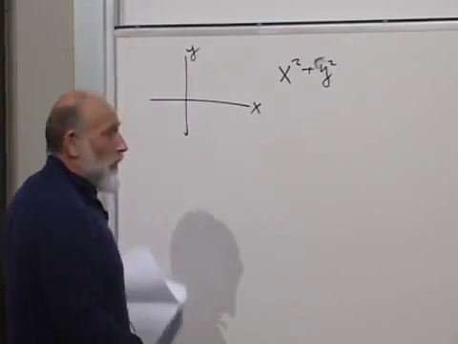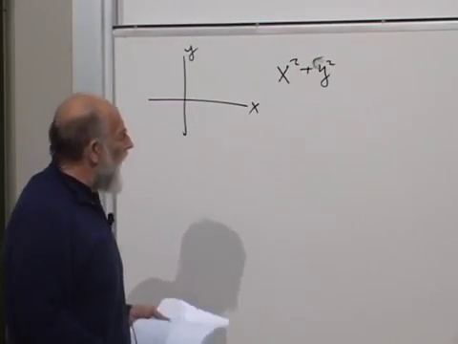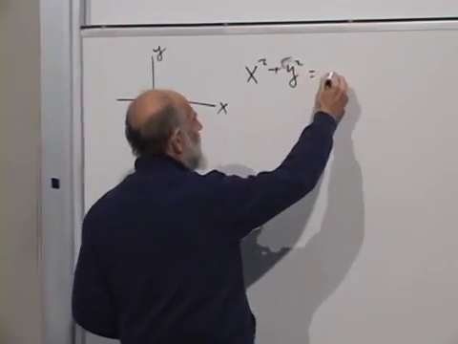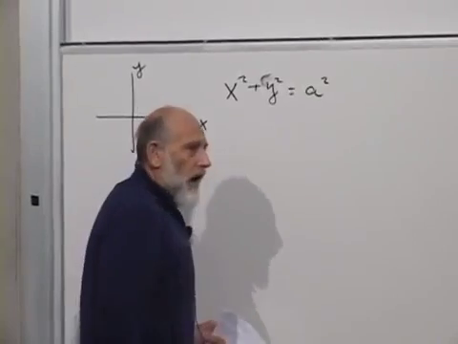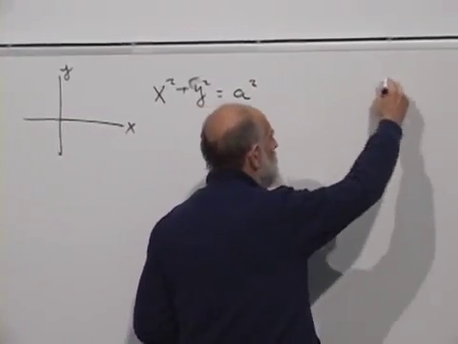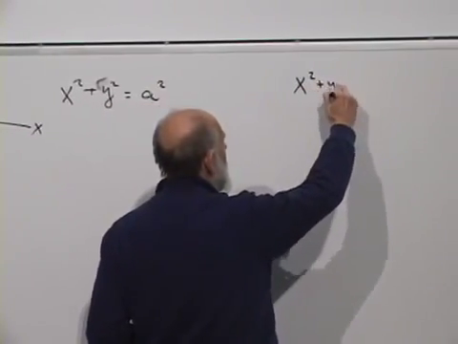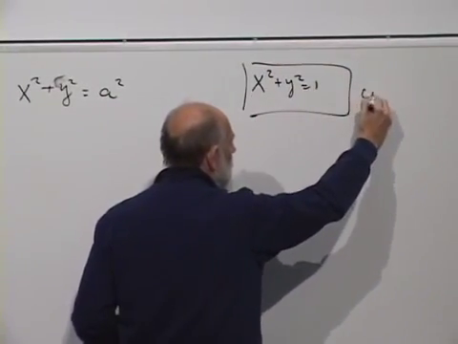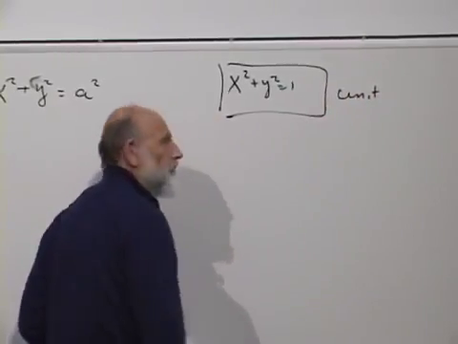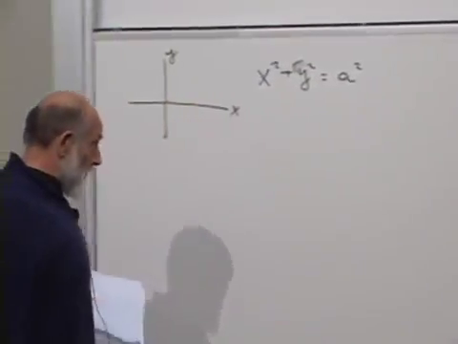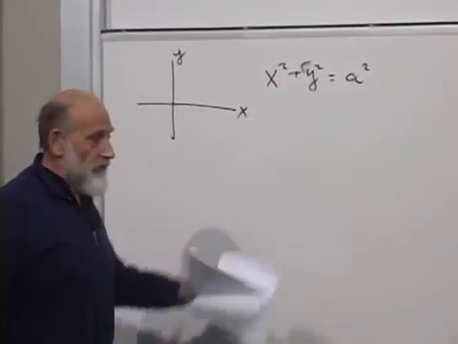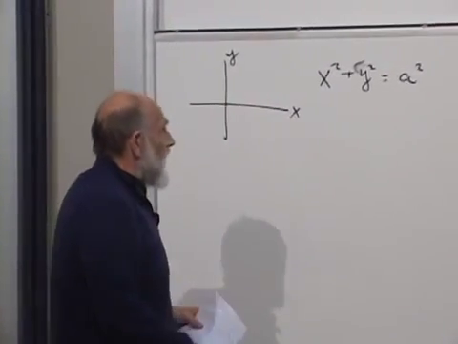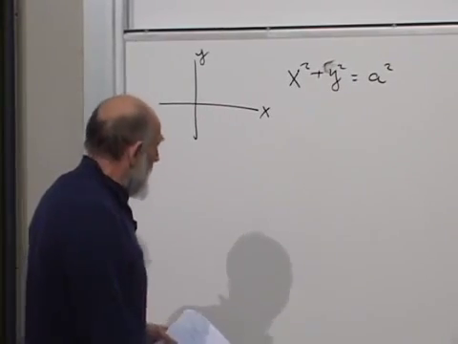If the radius of the circle is a, then on the right-hand side we would just write a squared. If we choose x squared plus y squared equals 1, we would call this a unit circle, or the unit one-sphere. This is the one-sphere of radius a, and that's about all we have to say about the one-sphere.